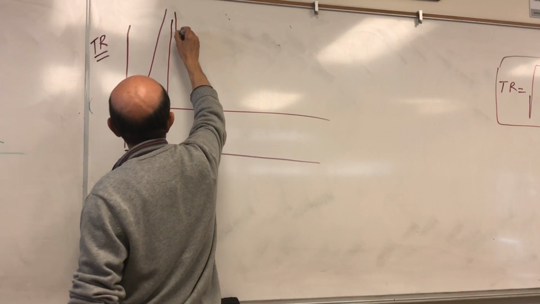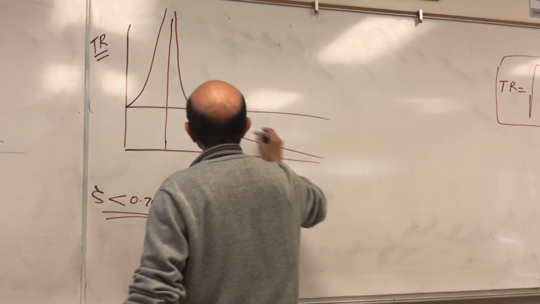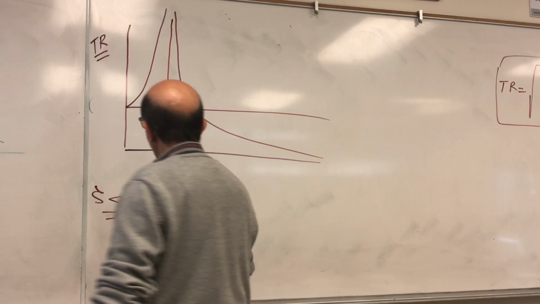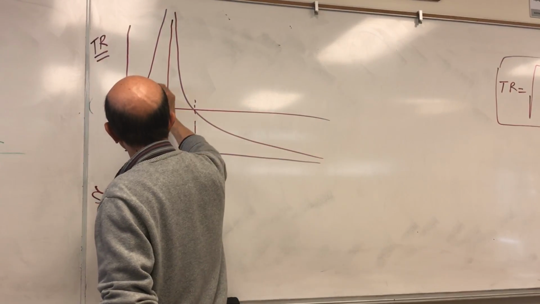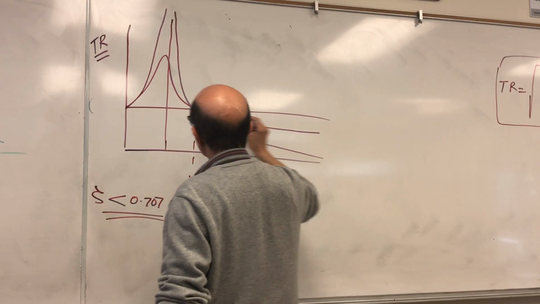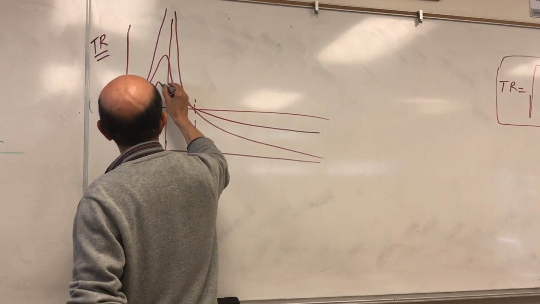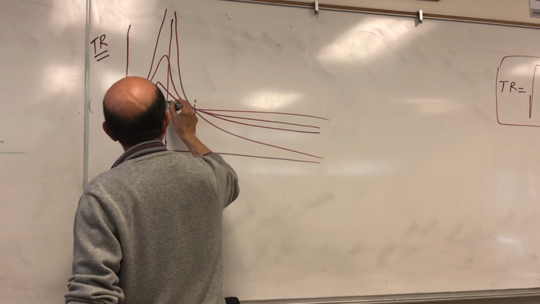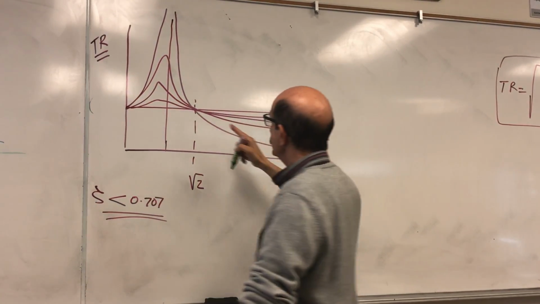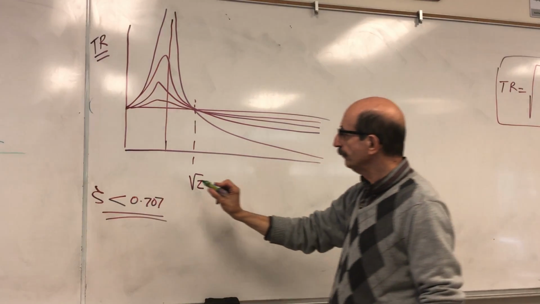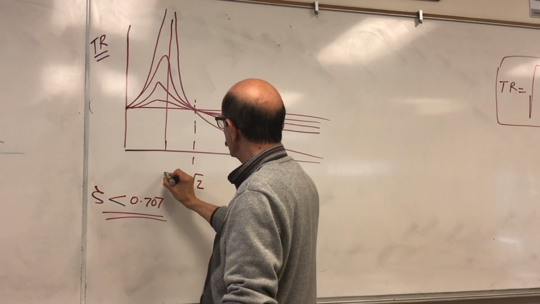All of these curves intersect at r equal to the square root of 2.